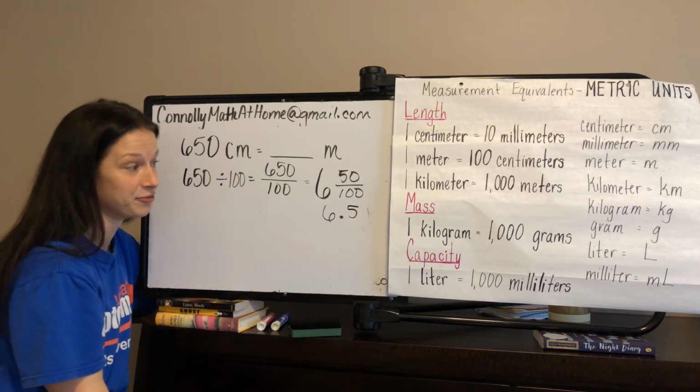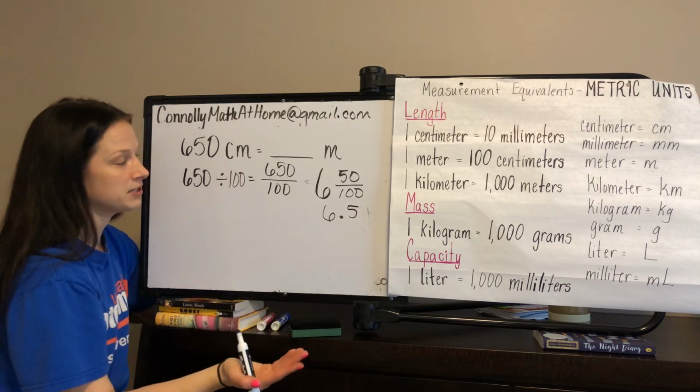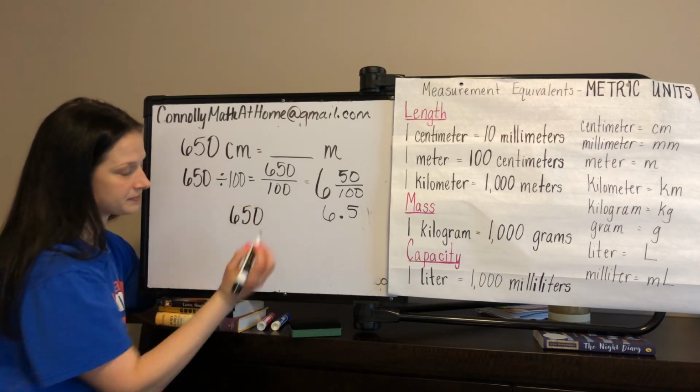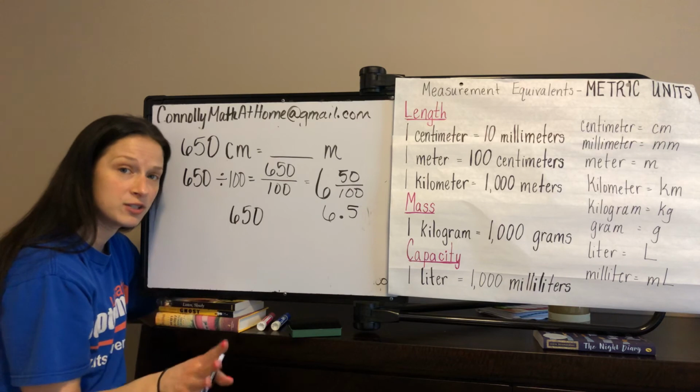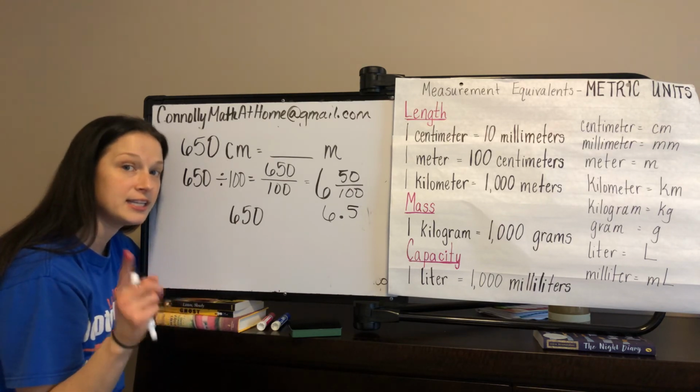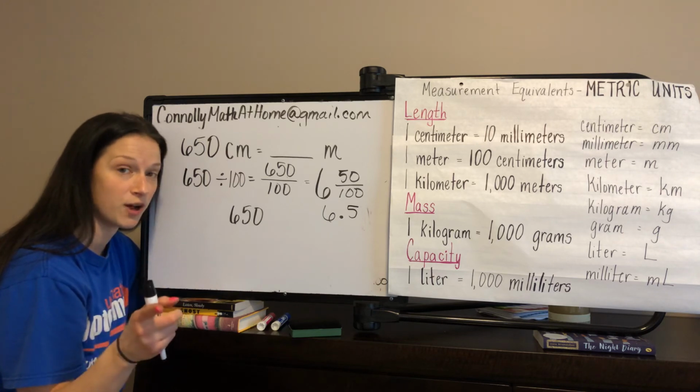Okay, so 6.5 meters. But let's think about what's happening with the digits here, okay? So we have 650, and we are dividing by 100, so each digit needs to get 100 times smaller.